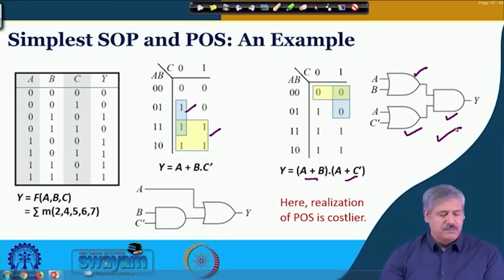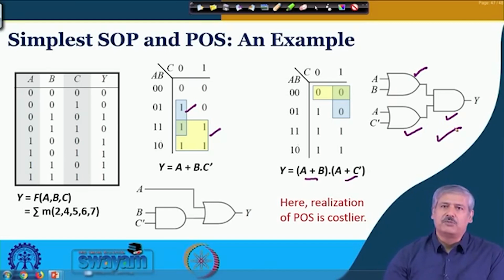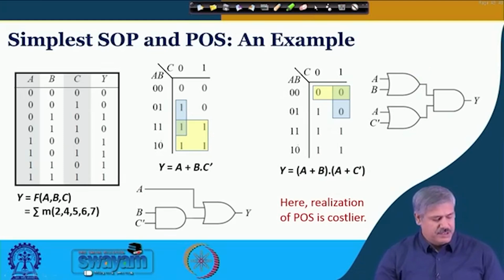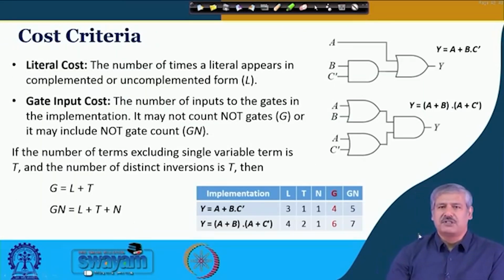Okay. But it may not be so simple for more complex circuits, especially for multiple output minimization. So, for which we look at defining certain cost criteria. So, one definition is that of literal cost.